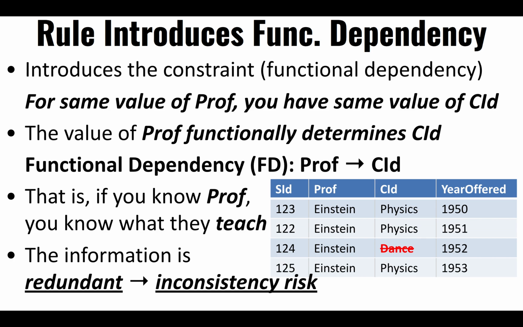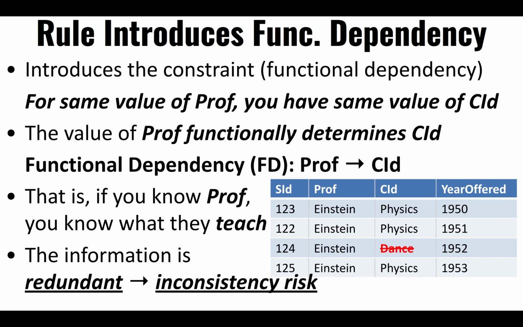But somebody might add certain rules in there and say, for the same value of professor, you have to have the same course ID. Now if I add that rule, knowing the professor, I certainly know what course they're teaching. It's redundant.